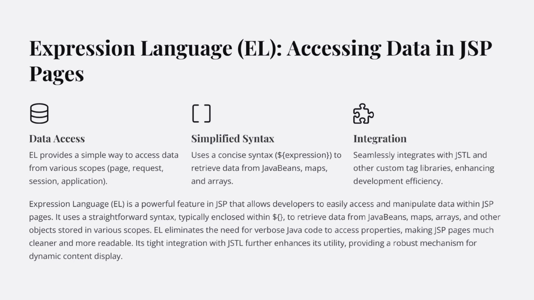And the other one is integration. It integrates with JSTL and other custom tag libraries, enhancing development efficiency, so that we can easily merge it with JSTL and other custom tag libraries.